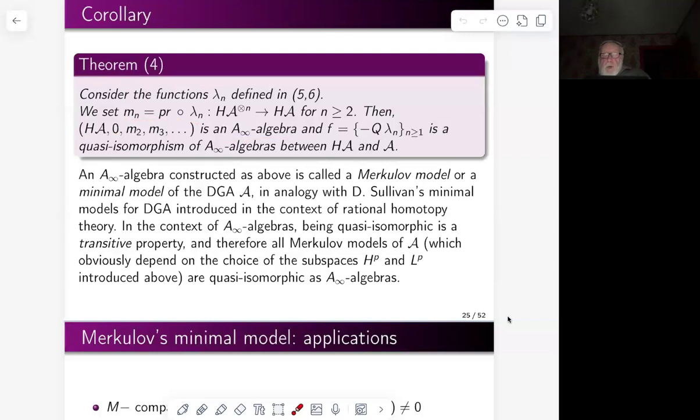The family f of compositions of Q and lambda n gives quasi-isomorphisms of A infinity algebras between A and its own cohomology. This A infinity algebra is called the Merkulov model or minimal model of the DGA, by analogy with the Sullivan minimal model for DGA, which we considered in the context of rational homotopy theory.